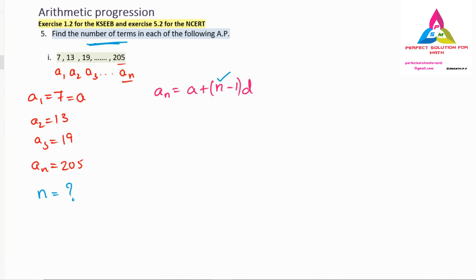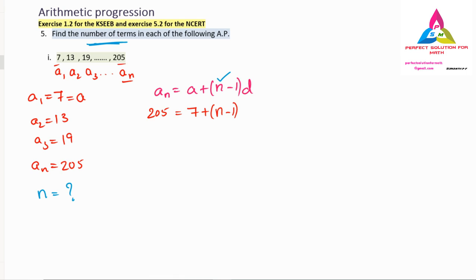We will solve one by one, substituting the values. Here the an value is already given, that is 205. The a value is the first term, 7, plus n minus 1 as it is, since n is unknown.